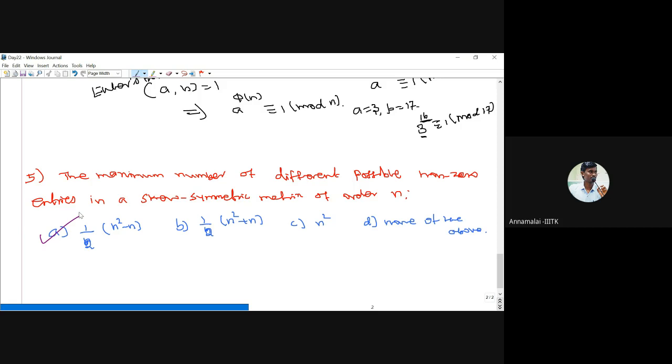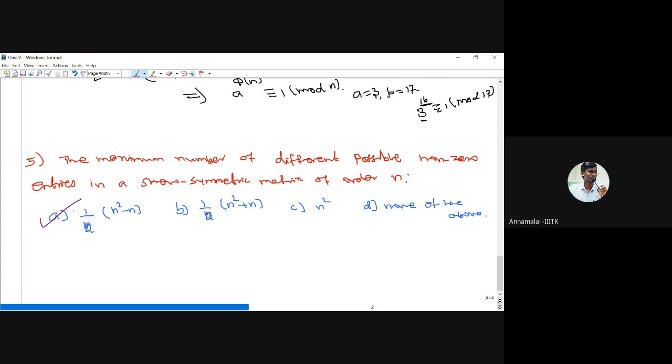Now, one more problem from linear algebra, sixth problem. Suppose V is a vector space, and this L of S means the subspace spanned by S. That means all possible linear combinations of elements of S, where S is a subset of V. I hope everyone understands this.